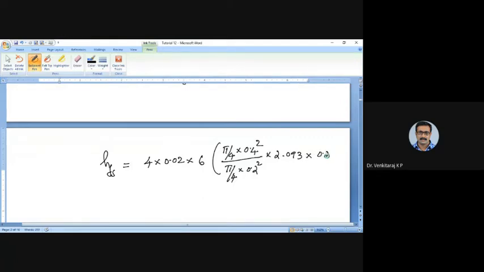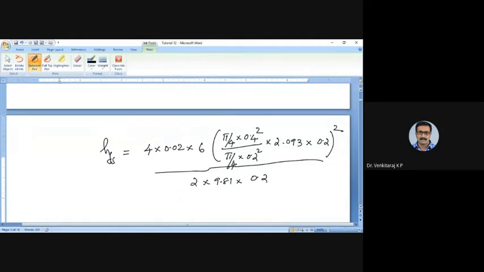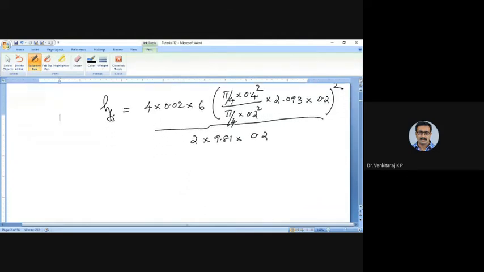So it is 0.2, this whole square divided by 2 into 9.81 into diameter 0.2. So if we calculate, we will get this as equal to 0.342 meter. So this is the frictional head loss in suction pipe.